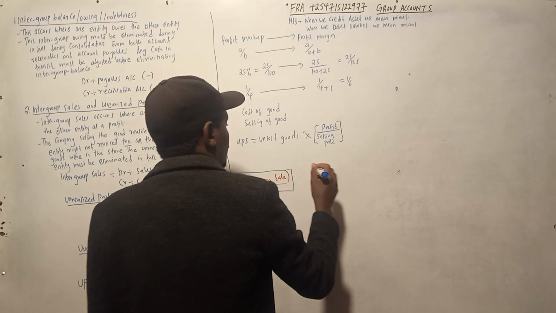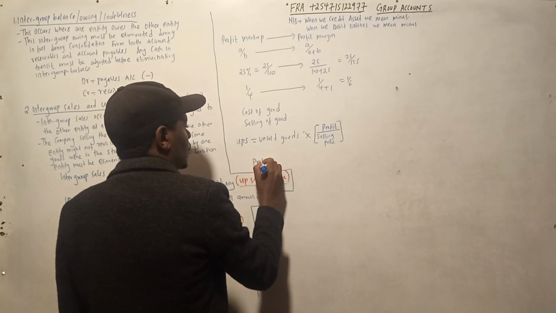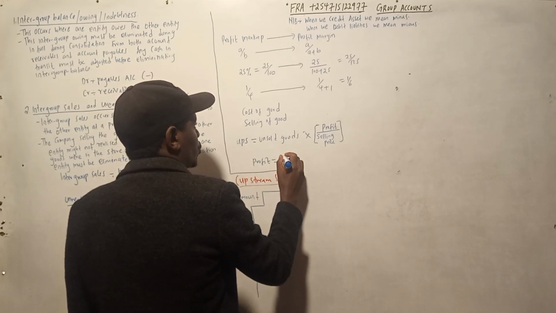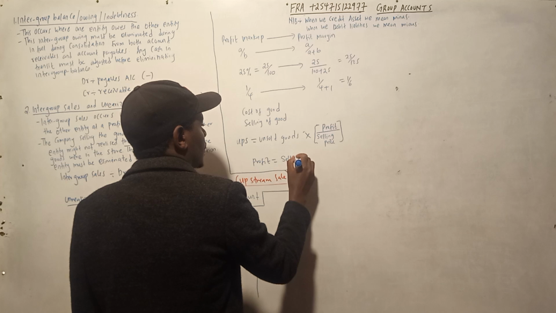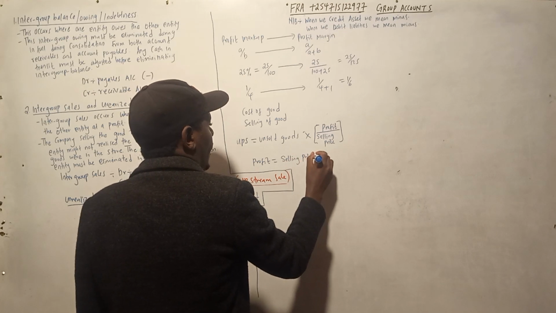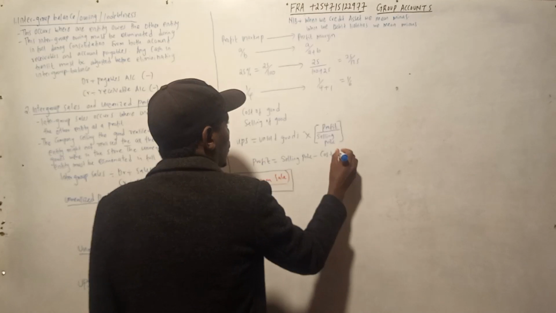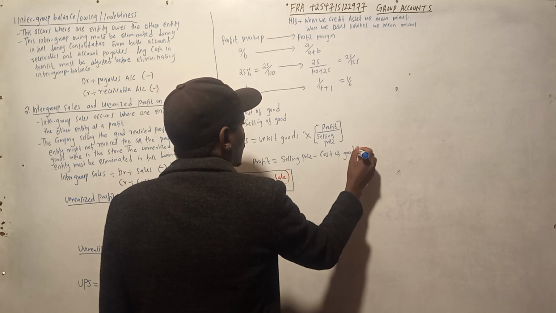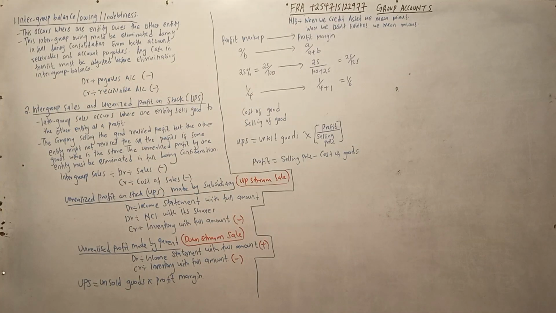You know how to get the profit? Profit is equal to selling price minus cost of the goods, or whichever way you can get the profit, please make sure you get it.